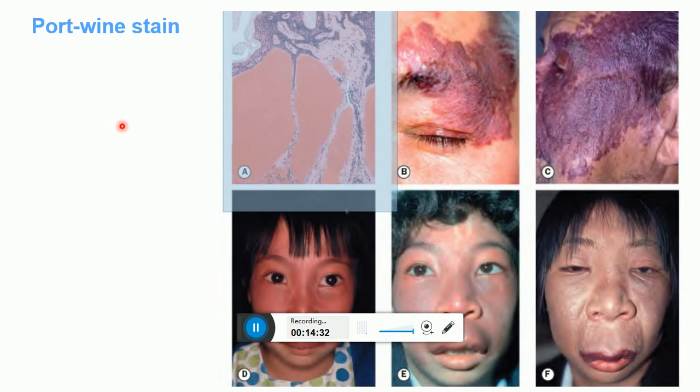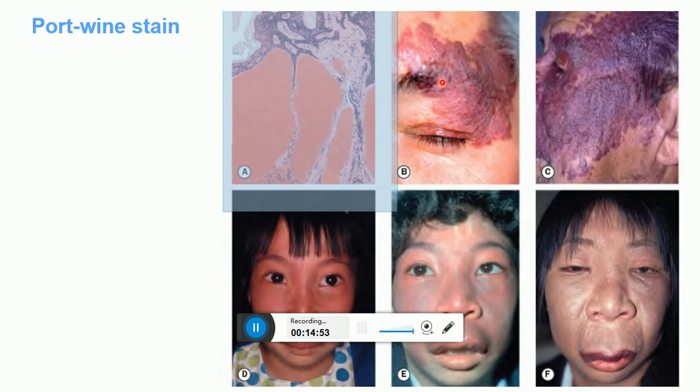Another benign tumor is port wine stain, also known as nevus flammeus, and it is a congenital malformation of the vessels within the superficial dermis.